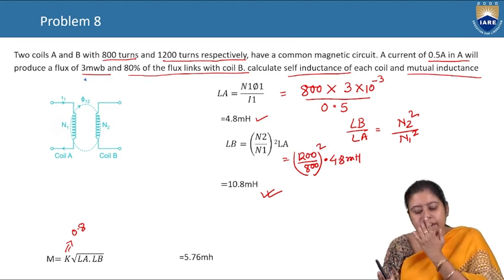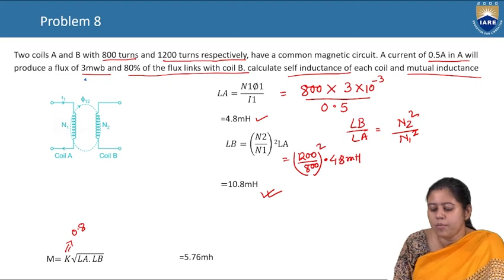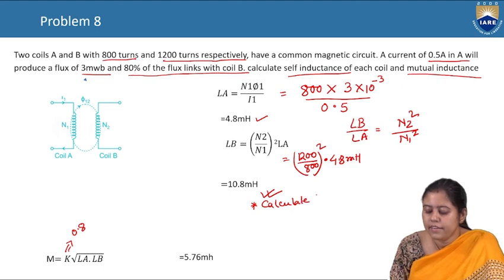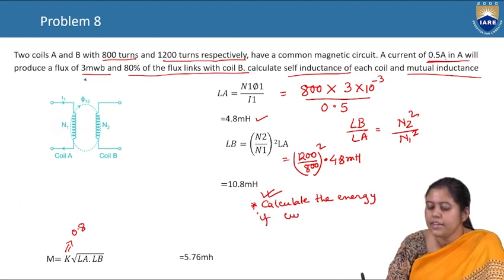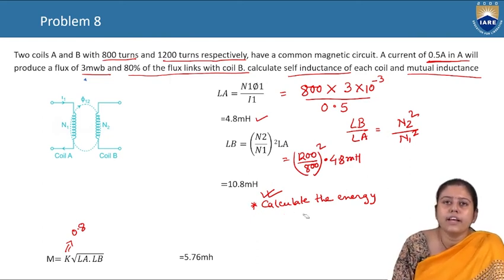Here we have one more question. This is not written in this problem; we are just adding one important topic. Calculate the energy if the current is 0.5 ampere. So how to calculate the energy?